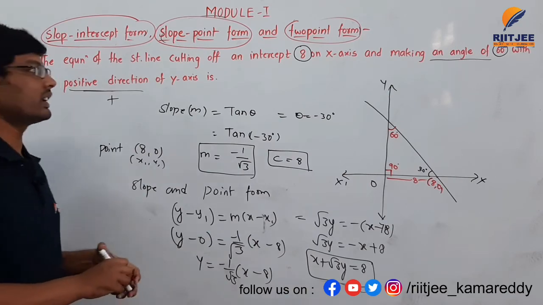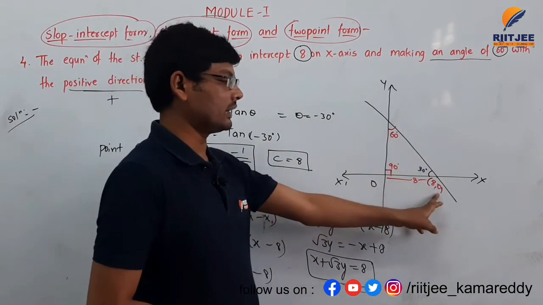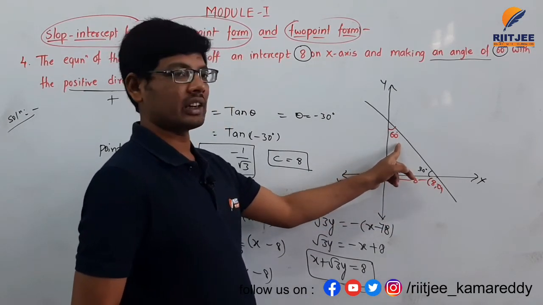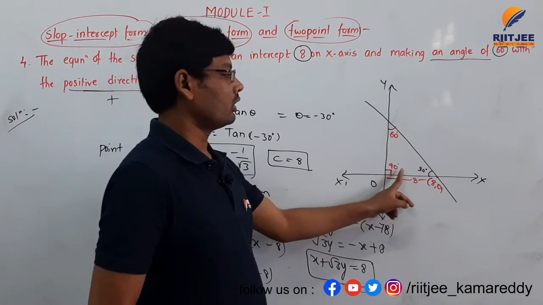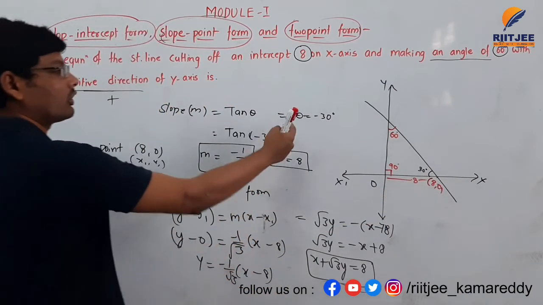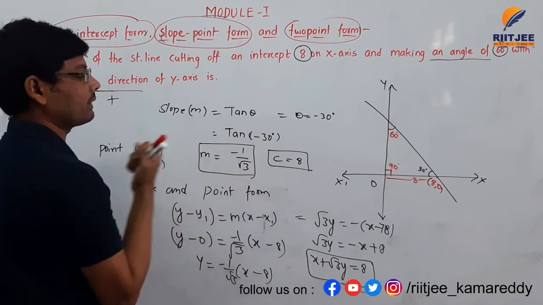So first, he has given a straight line intersecting the coordinate axis at 8 units of x-intercept and 60 degrees with the positive direction of the y-axis. These two angles we know, so the other angle is 30 degrees. This is the negative direction here, so that's why we take theta is equal to minus 30. Tan minus 30 is equal to minus 1 by root 3.